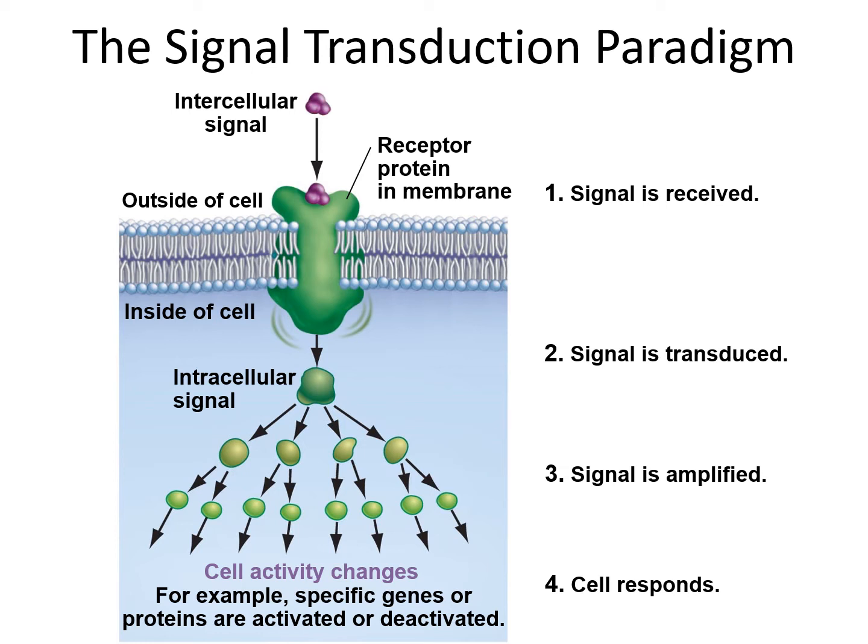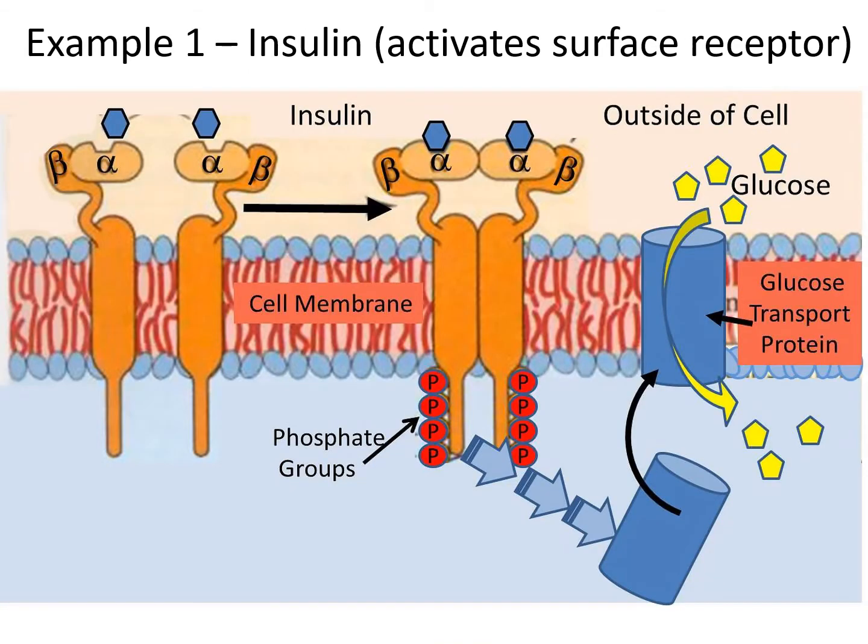So perhaps this binding of the signal will activate the active site, and we'll get some sort of reaction occurring that generally sets off a whole wave of interactions. So we have this small input, one binding of one signal molecule, that brings about a big change within the cell. Let's use the insulin receptor as an example of this model.